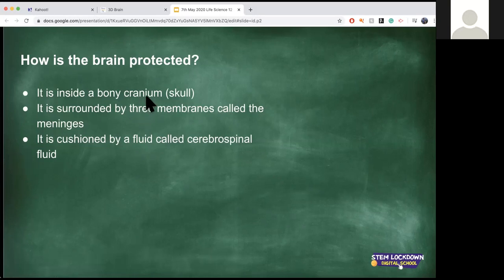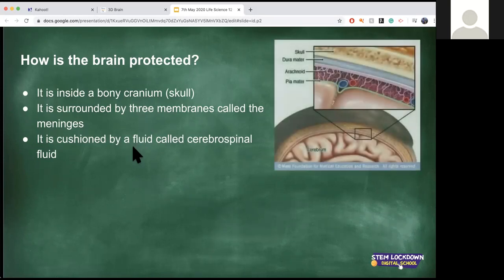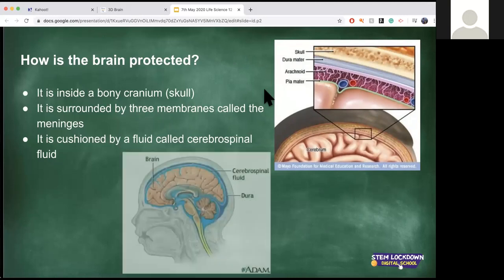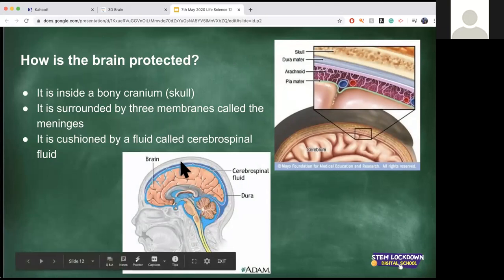So you have your bony cranium, you have your three membranes, and you have your cerebrospinal fluid. Now the three membranes, this is your skull, that's your cranium, is the dura mater, pia mater, and the arachnoid. So you've got these three layers, and then you also have your cerebrospinal fluid. So the cerebrospinal fluid acts as the last layer of protection.